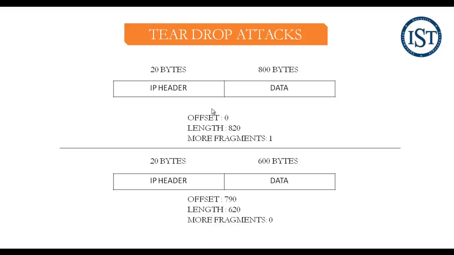Since the length of the first fragment is 820, the second fragment is supposed to begin at 821, but it is beginning 20 bytes earlier. Since the offset of fragment 2 is not in accord with the packet length of fragment 1, this discrepancy can cause some systems which cannot handle the situation to crash during the reassembly attempt. So this is how the teardrop attack works.